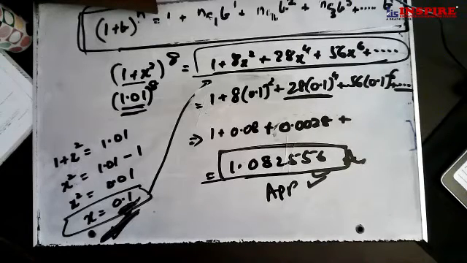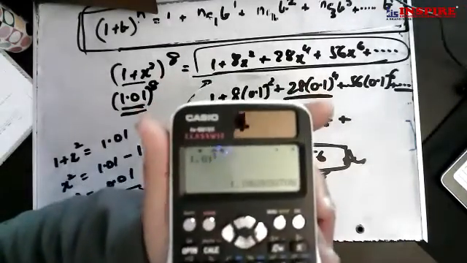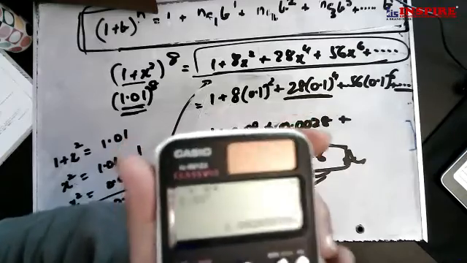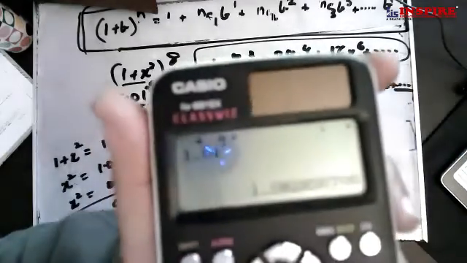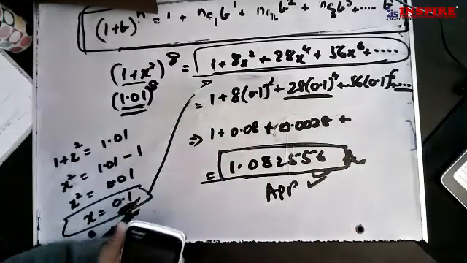So can't you just do this in the calculator? No, you can't. Now look, everybody, eyes on the board, look what this genius did. He plugged in 1.01 to the power of 8. Is everybody with me?